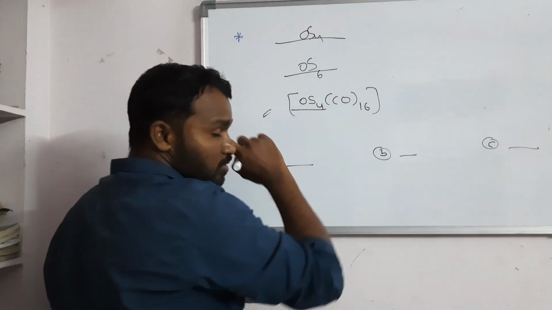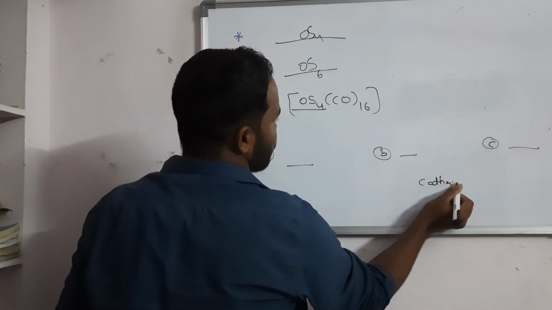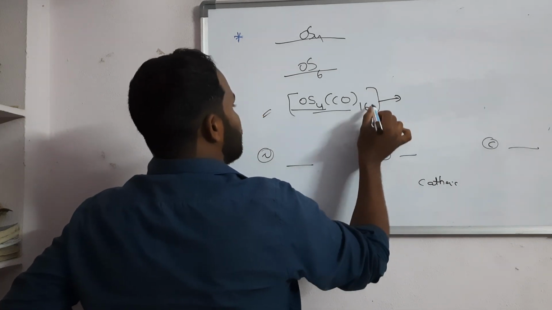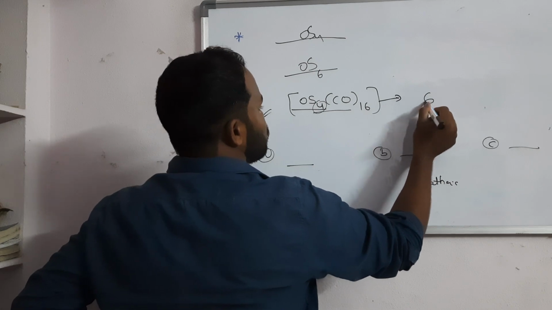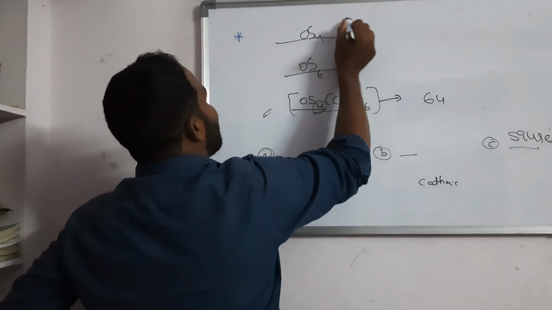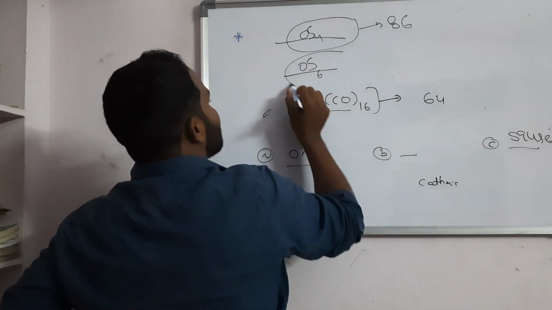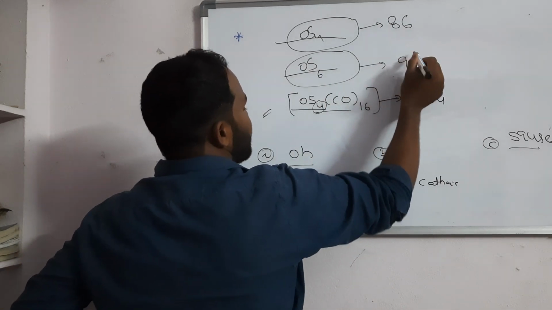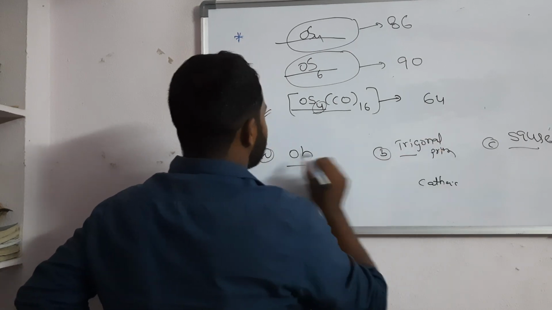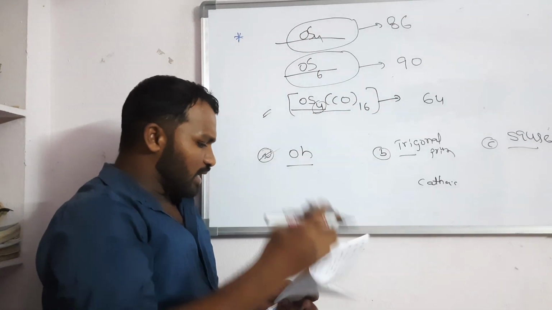Actually from the Catherine Housecroft book, if you calculate the TEC, you will get 16 to 32 plus 4 8 is 32, 64. That 64 represents the square. If you calculate this TEC, you will get 86. 86 represents the octahedral. If you calculate this TEC, you will get 90. 90 means you will get trigonal prism. This is the correct option for this question. I don't know exactly, but if you do the TEC, you will get that only.